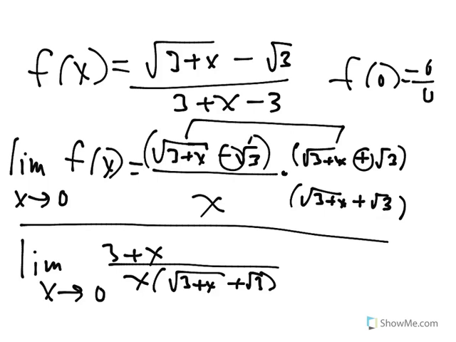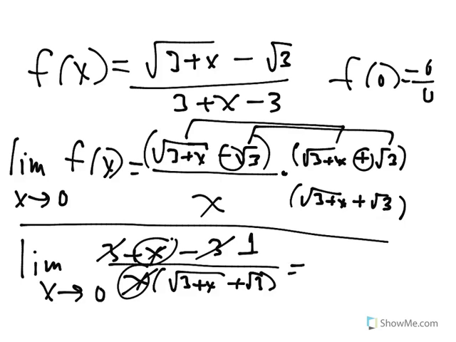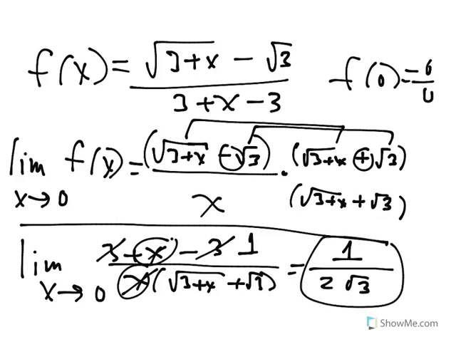So the outer and inner cancel, and we end up with minus 3. And those cancel out. And while we're at it, now we have x and this x, they cancel out also. And we have a 1 on top. Well, we can plug 0 into this thing, and we get 1 over radical 3 plus radical 3, or 1 over 2 root 3, which is the answer to that question.